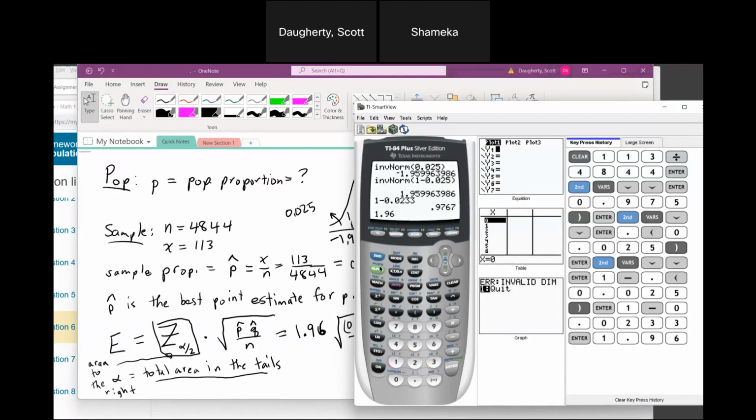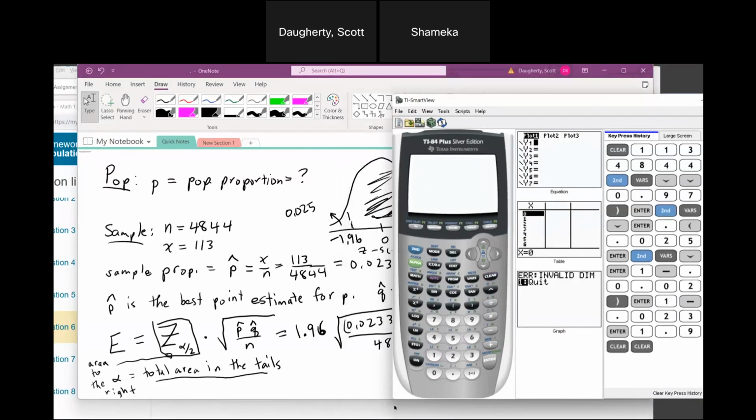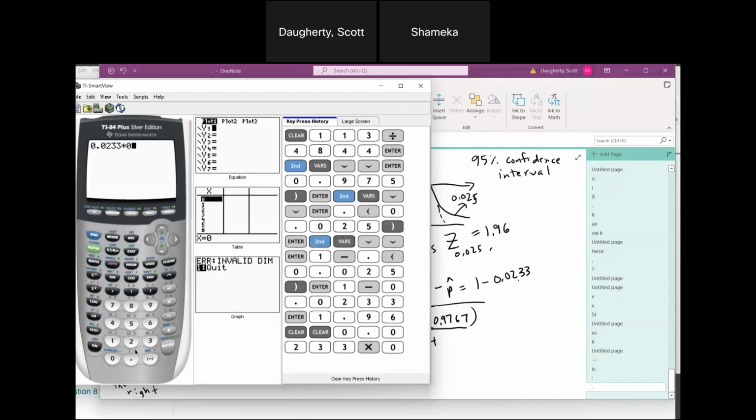Okay, so 1.96. Actually, the easiest way to do this is to find the number inside the square root first. I'm going to do it that way. That way I don't have to use all these parentheses. So p hat times the q hat, 0.9767, sorry.